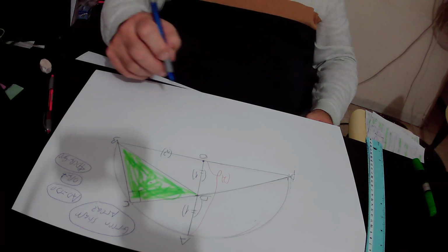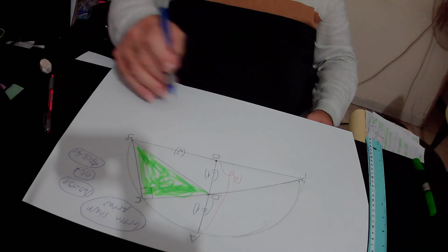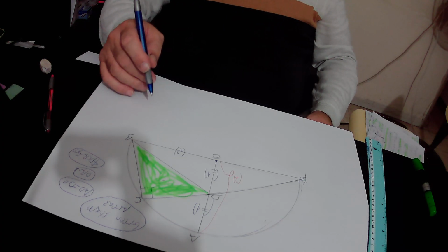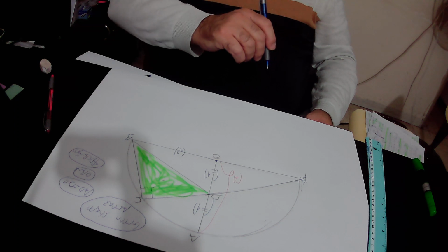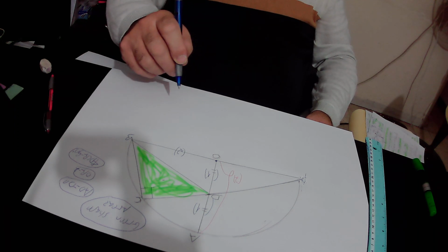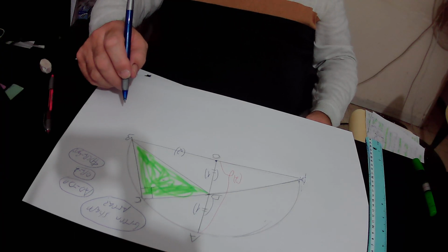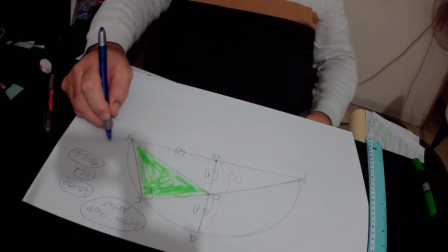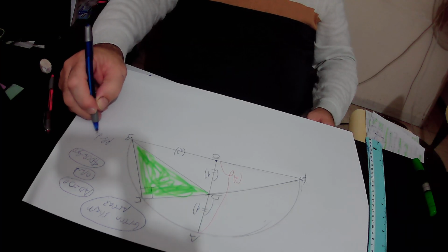I already proved in the first method that PB is the diameter of the semicircle. Why? Because it is a chord that passes through point O, that is the center of the circle or semicircle, and any chord that passes through the center must be the diameter. So PB is the diameter of the semicircle.